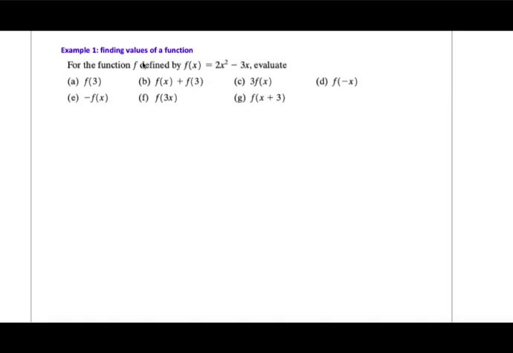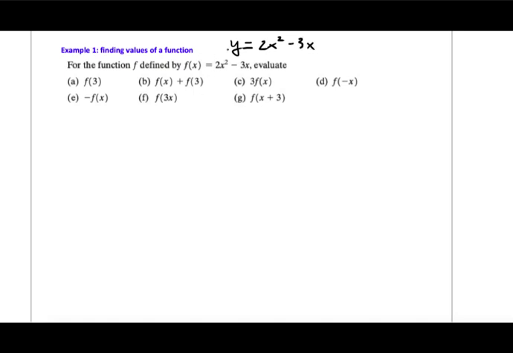If we're defining this function f by f of x equals 2x squared minus 3x, here's our definition. x is our input. f of x represents the output. We might also write that, as we did in the past, as y equals 2x squared minus 3x.